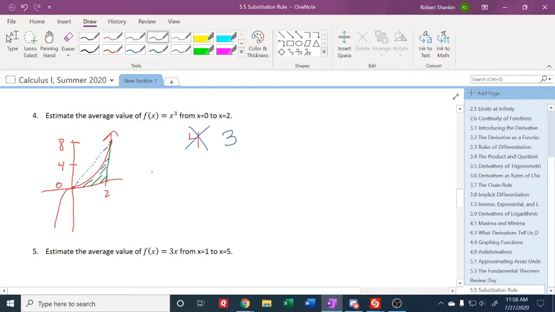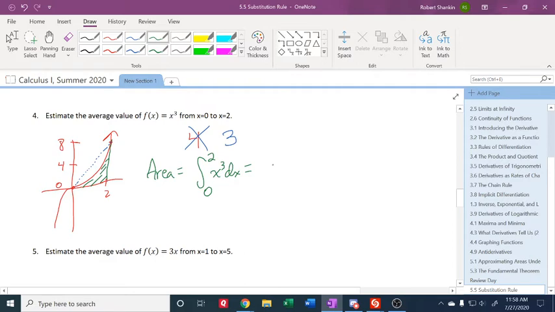This is the definition of a definite integral, it's made to get areas. The integral from x equals 0 to 2 of x cubed dx.